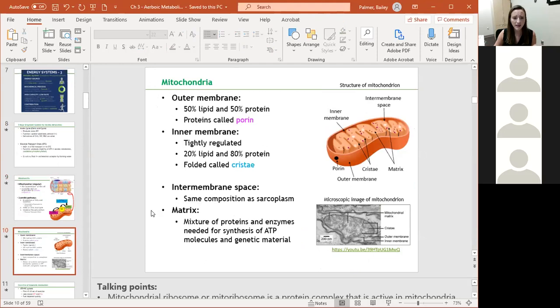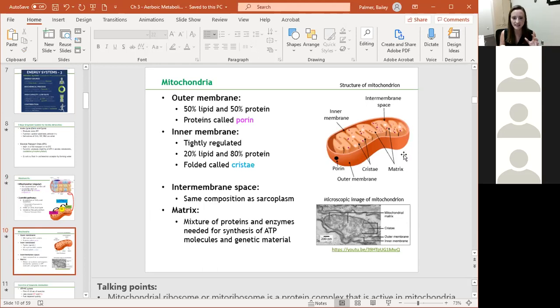And it says that on the review. I know I said we're getting more in depth, but it's basically just what I talked about in the lecture. So porins, we know, are passageways on the sides of the mitochondrion that allow for substances to be passed back and forth from the outside of the mitochondria to the inside. The cristae, we know, is this folded structure on the inside.